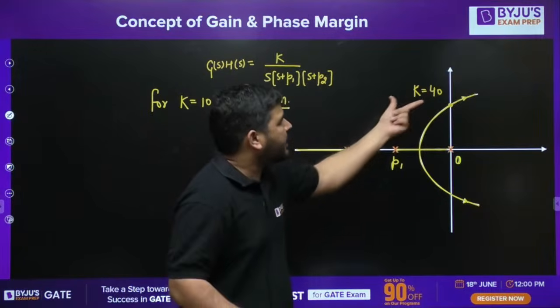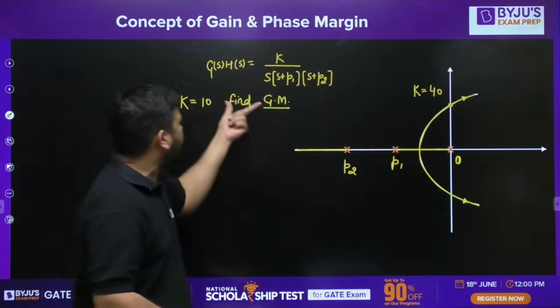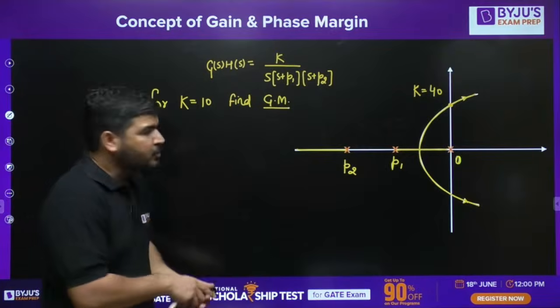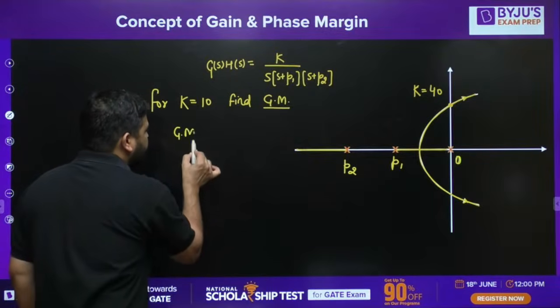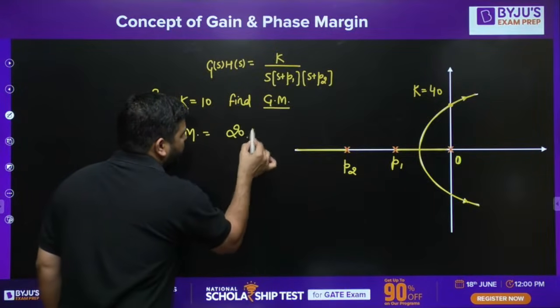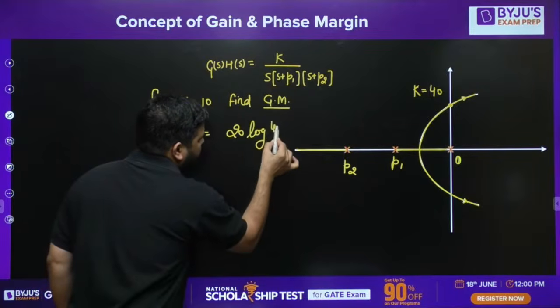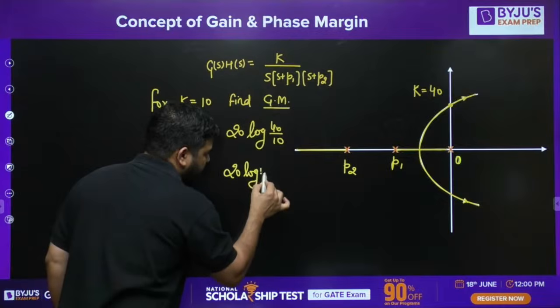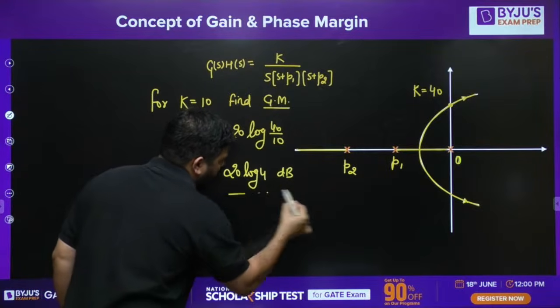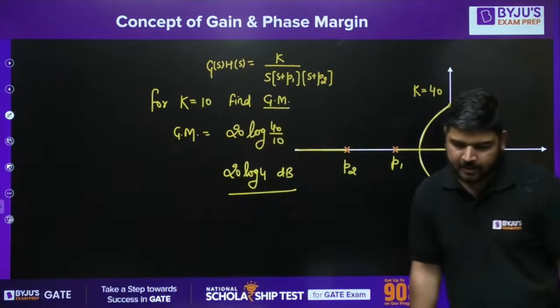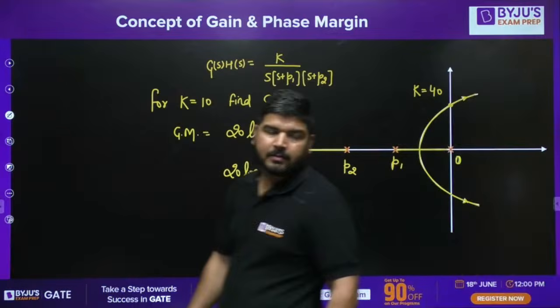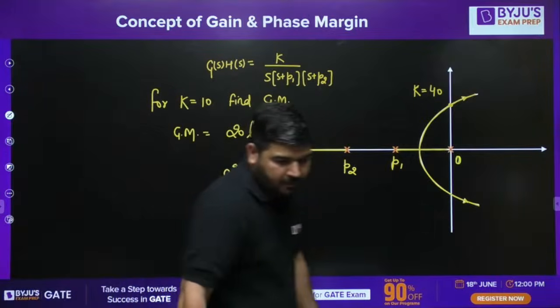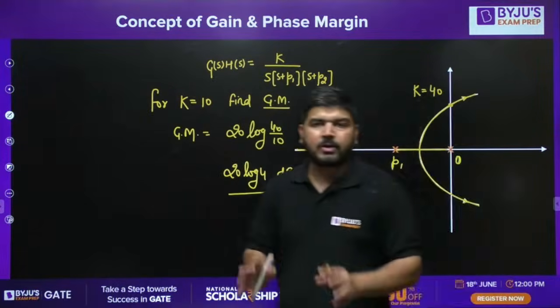It means we got the k for which the system is marginally stable and the actual value of k is given as 10. So the gain margin, you can directly write, is 20 log 40 by 10, that is 20 log 4 dB. Okay, I hope it is clear. This is the gain margin.